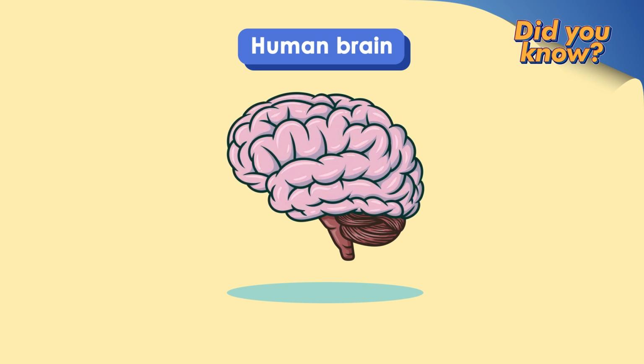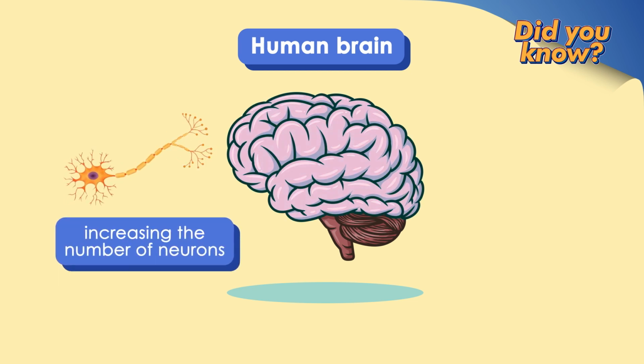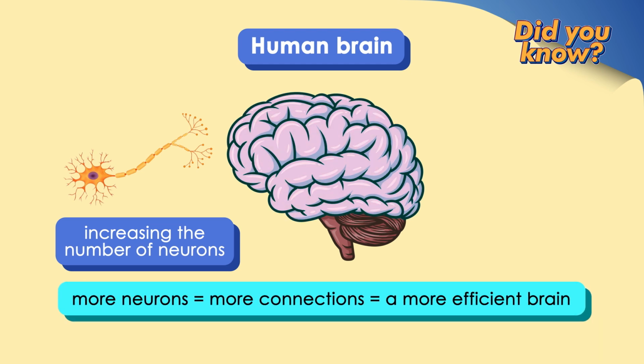These folds or wrinkles serve an important purpose. They effectively increase the surface area of the brain, thereby increasing the number of neurons within it. At the most basic level, more neurons lead to more connections and therefore a more efficient brain.